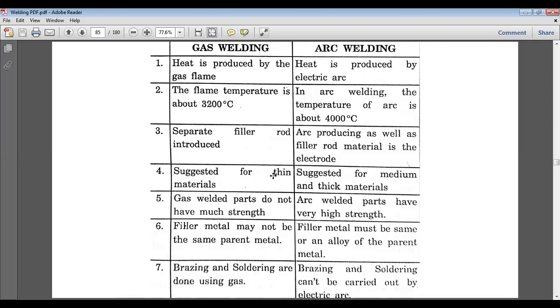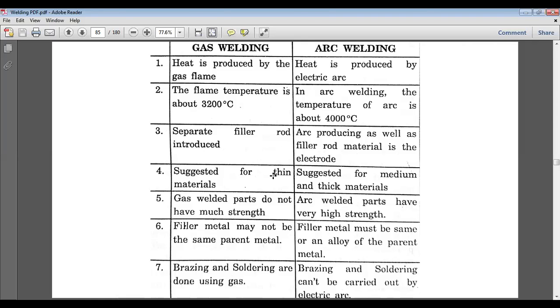So in any case, we'll be taking 4000 degrees. Arc welding can be done on all the metals, whereas gas welding has a limit of 3200 degrees centigrade. So alloy steels, high speed steels and high carbon steels are not suitable for gas welding, and cast iron and other ferrous alloys are also not fit for gas welding.